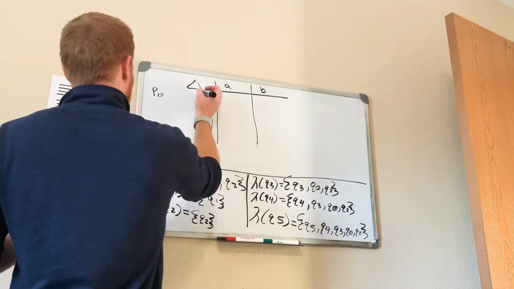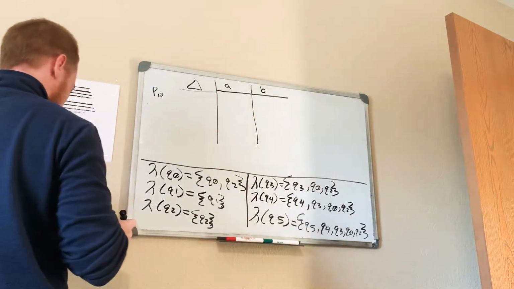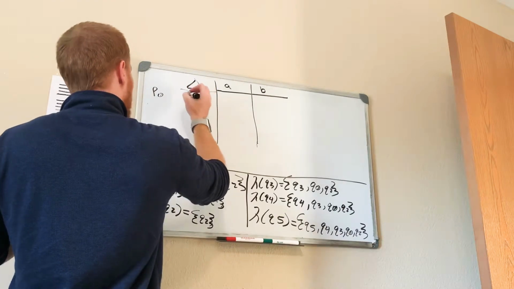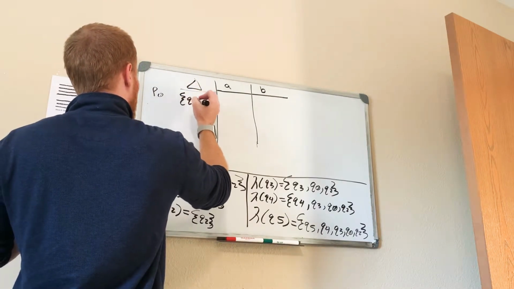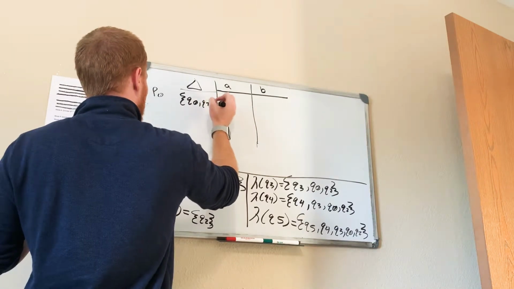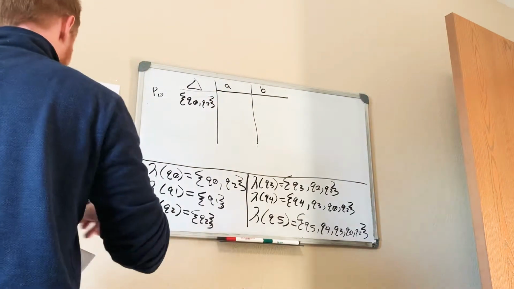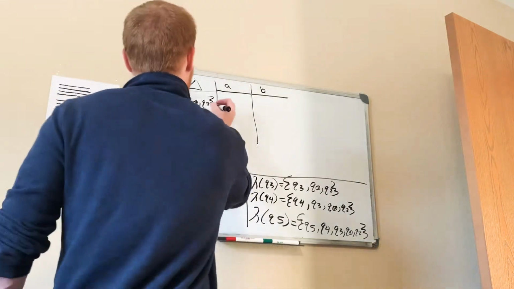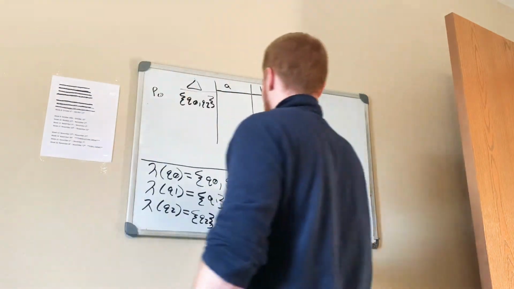Okay. So, in our transition column, we're going to have Q0 to Q2. We're going to start out with this guy here.